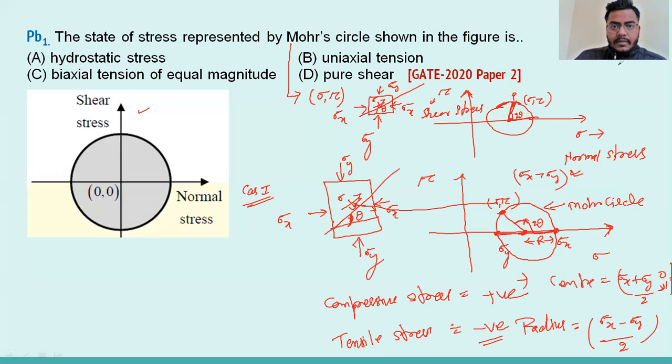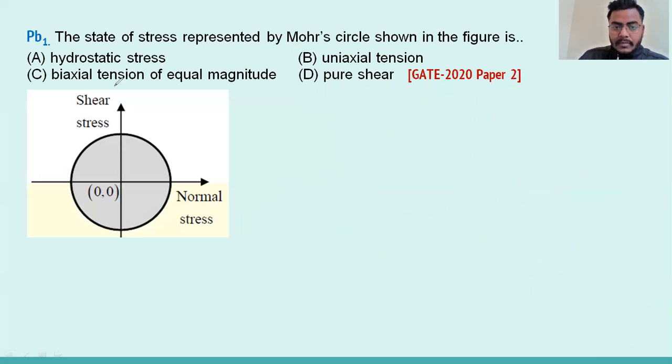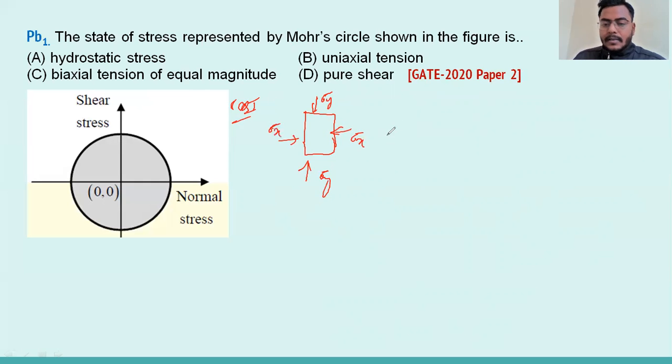Now I'm going to discuss the second case. In the previous case, we have seen this is the sigma y, and this is the sigma x. In this case, we will look at the shear stresses on this plane, and on the horizontal plane and on the vertical plane the shear stress is 0.